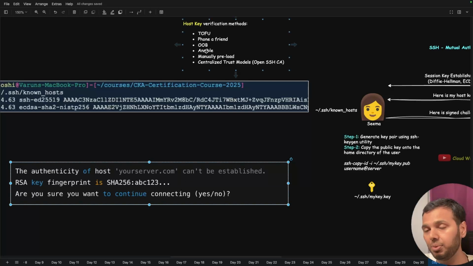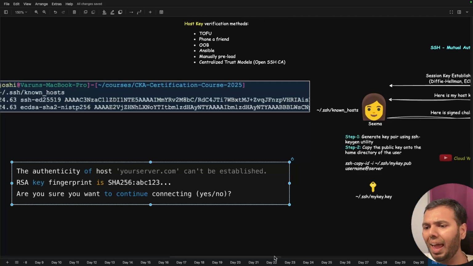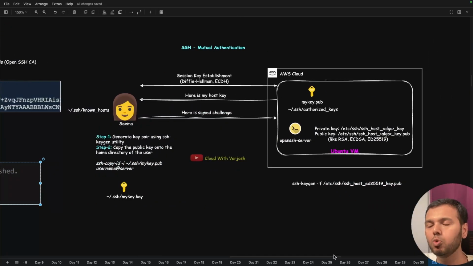Fourth is Ansible, and you will see this one used in most scenarios. You can use Ansible as a configuration management tool to configure your Unix-like or Windows systems.